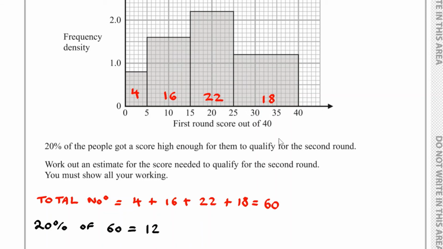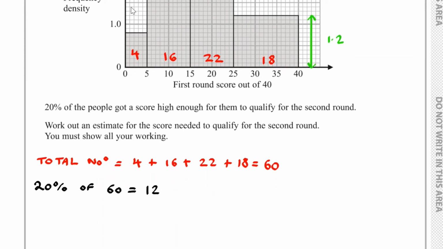Now, ultimately, I want 12 people, and I need to find the score that would give us the 12 people, and I need to consider the upper end, because that way I can find out the number of people needed. Now, the way to go about this is to think, if I've got a height over here of 1.2, I need to find the width of the rectangle.